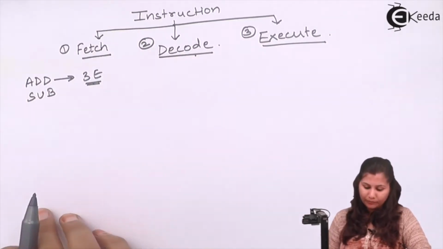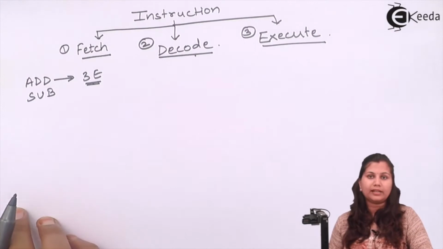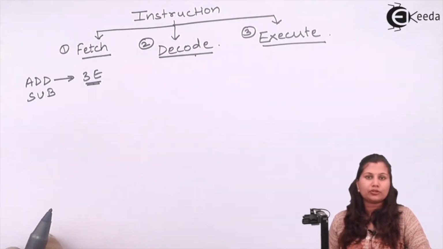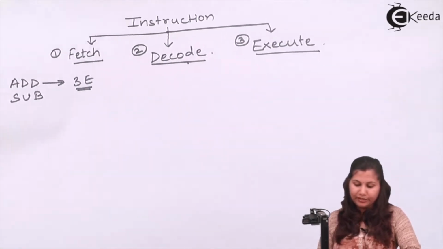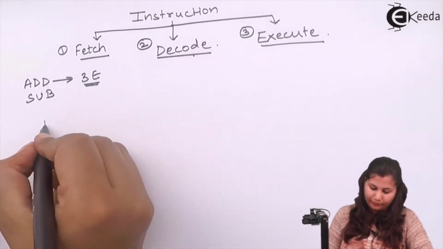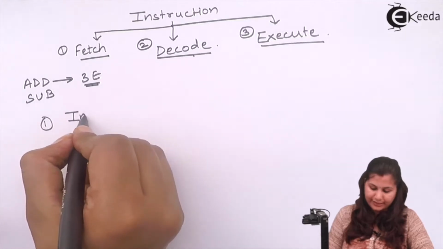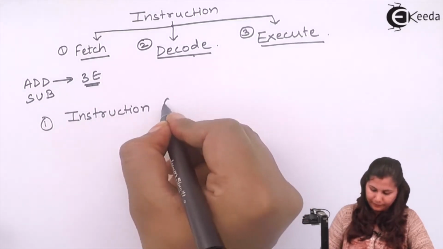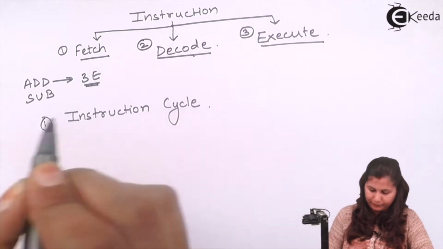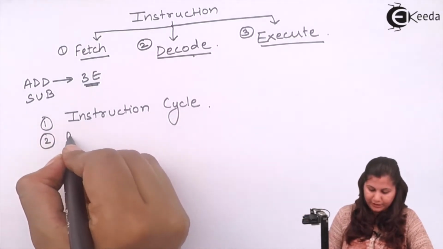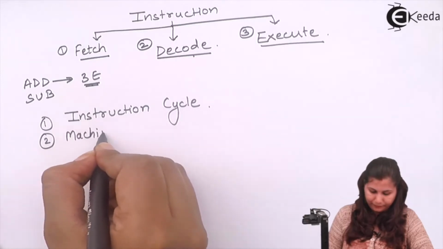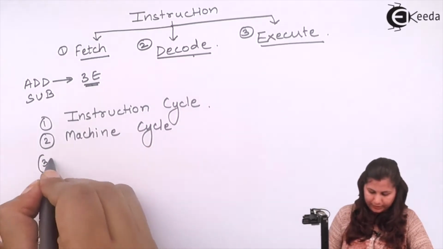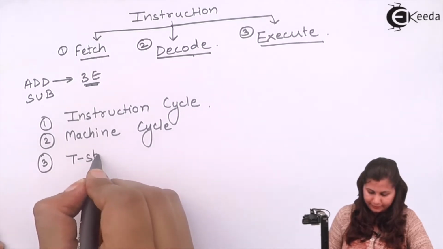Before starting with the execution of the instruction, there are a few terms which you should understand. First is instruction cycle, second is machine cycle, and third is T-state.